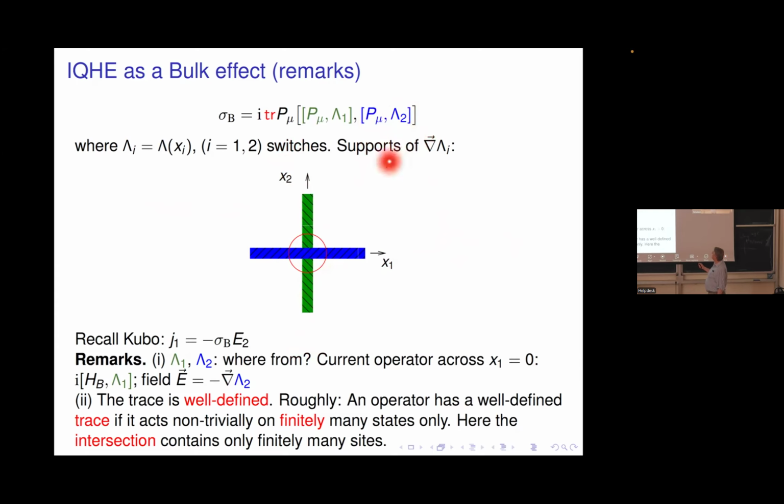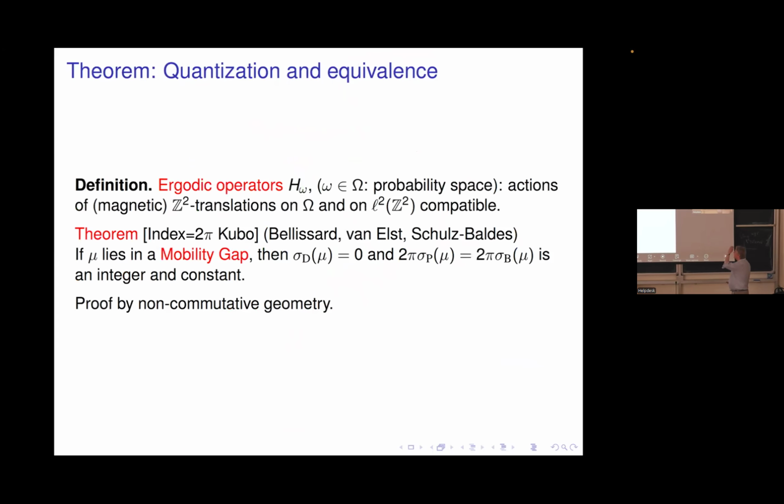And likewise for the other one in the blue region, and since you have the product of both, with a commutator to begin with, it's only those in the intersection that matter. In the intersection you only have finitely many states, and it's reasonable to expect that the trace is finite. So that's the motivation for this definition.